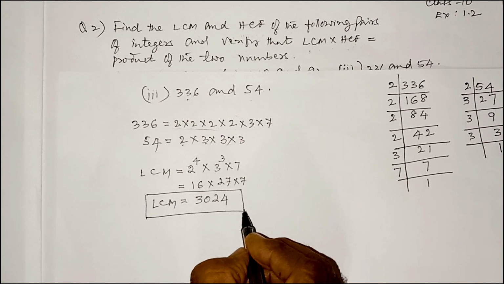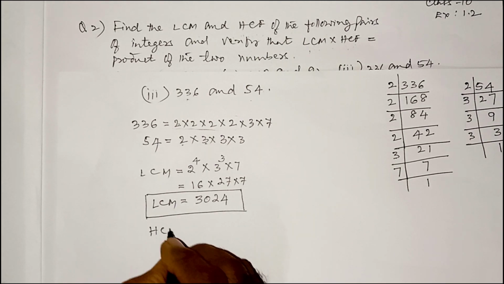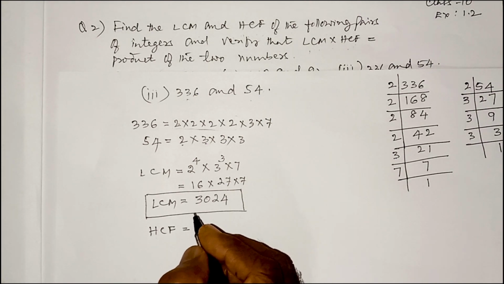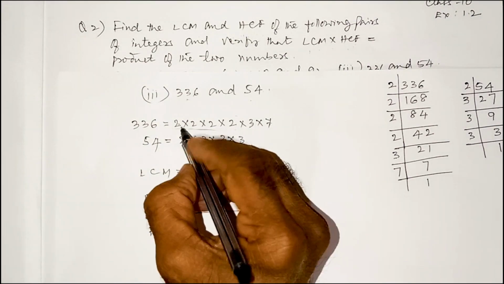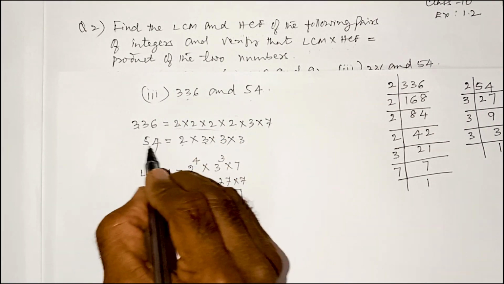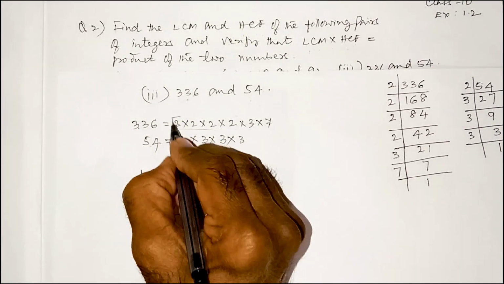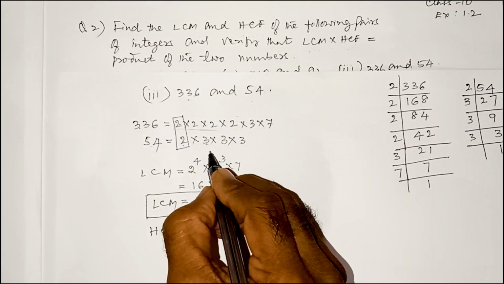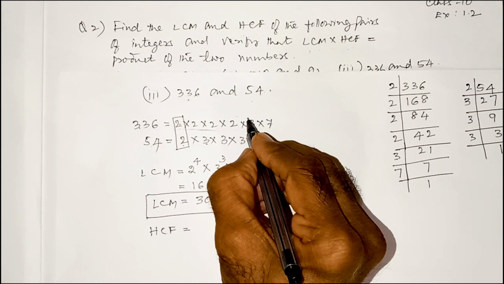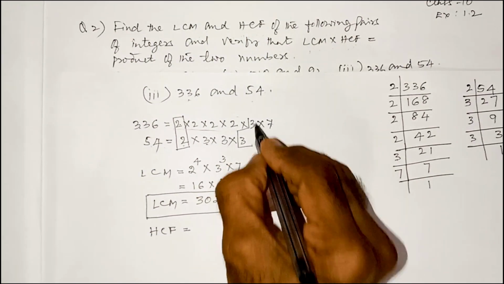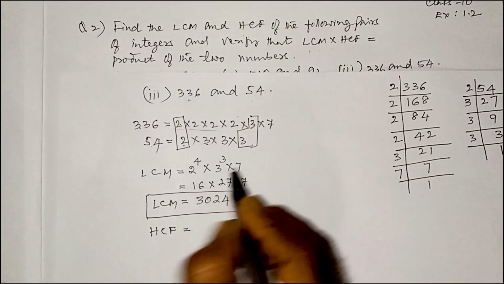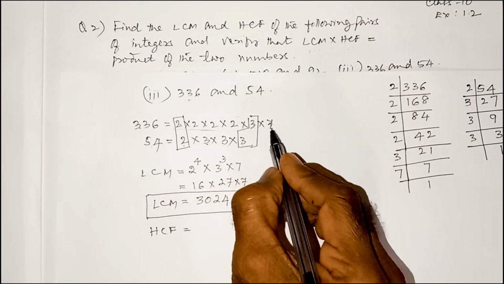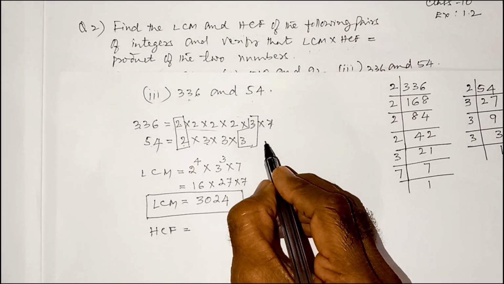Now we'll find out the HCF. It is even easier, because whatever is a common factor, you need to take that. Here in 336 and in 54 we have only 2 as common. And you have 3 as common. See? Now these three 2's and 7 do not appear in the second line.